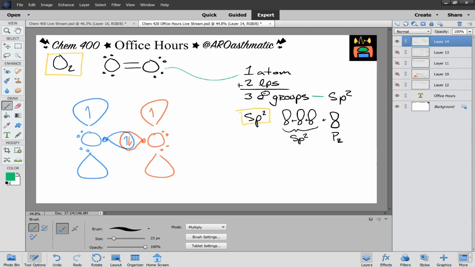What happens when you have 2 parallel p orbitals is this.